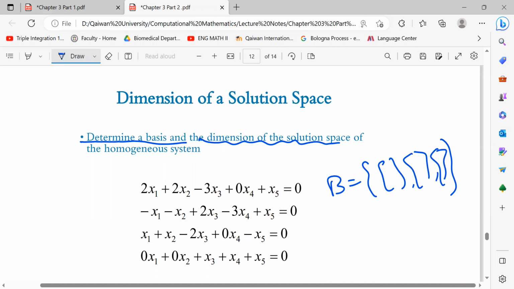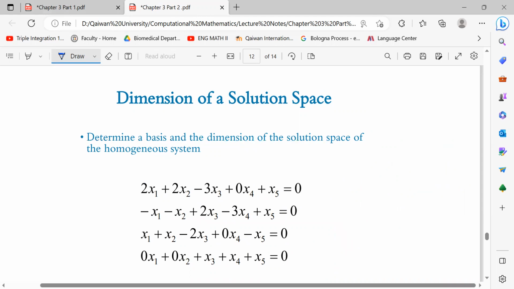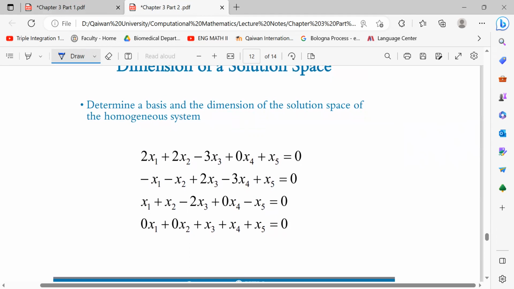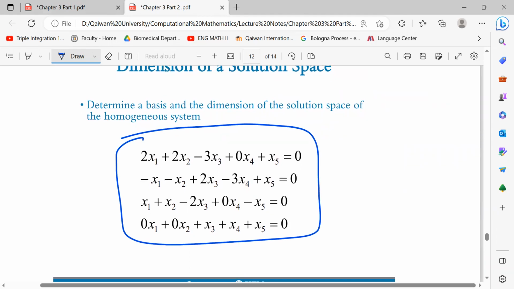What if the basis is only 1 vector? Its dimension is 1. It depends on the number of vectors in the basis.